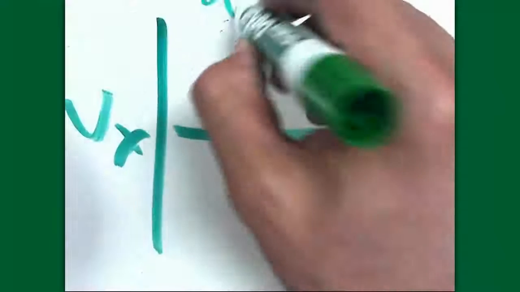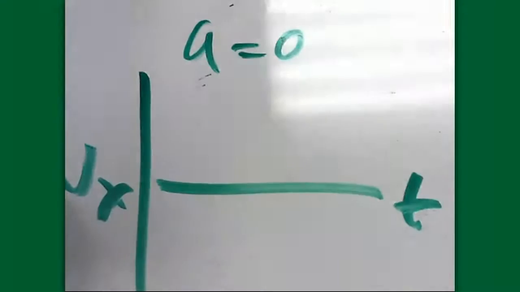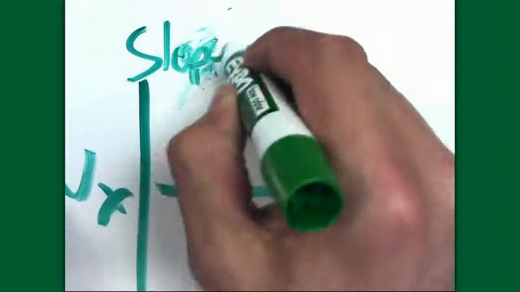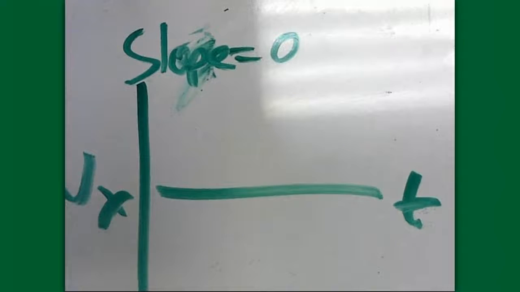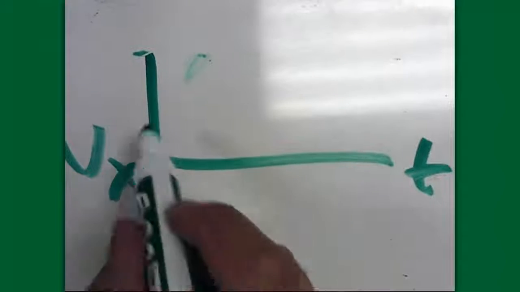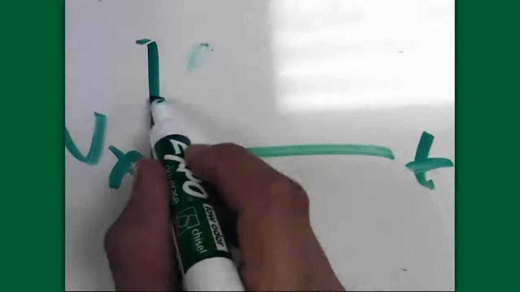Acceleration equals 0 for the x direction. Therefore, the slope should equal 0. So if the slope equals 0, the question is, what does a slope of 0 look like? And hopefully you remember from math class that it is a straight line all the way across, horizontal.